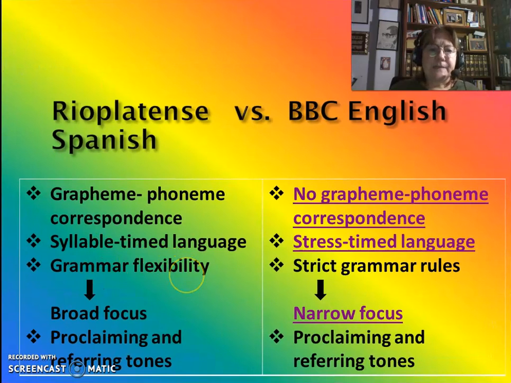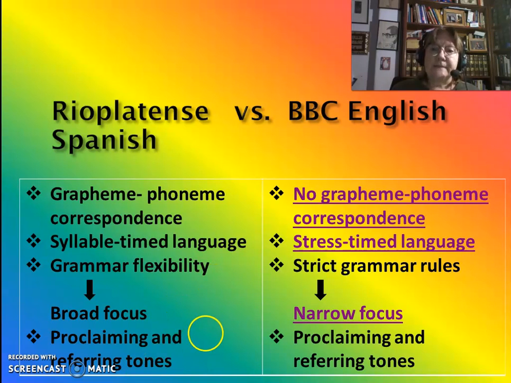Spanish has grammar flexibility, and we can move words according to our needs, leaving the most relevant piece of information to the end of the utterance. That is why we can keep broad focus.